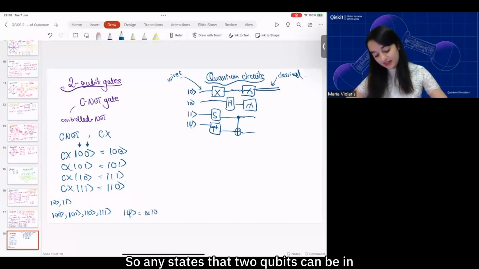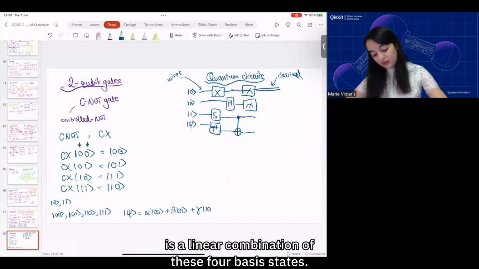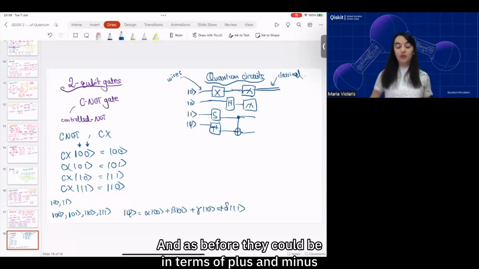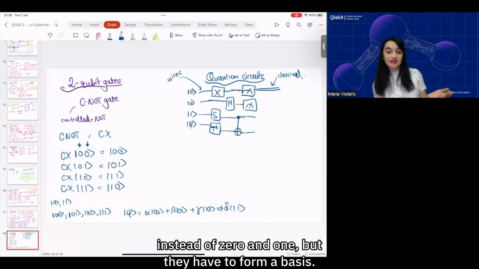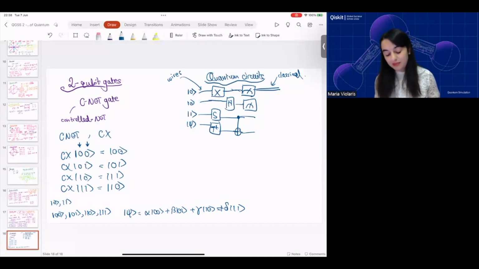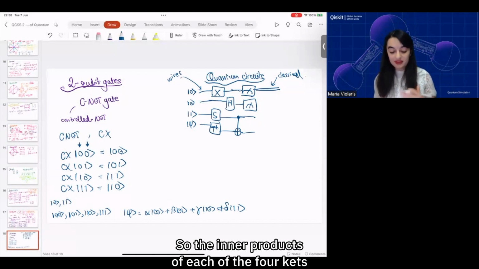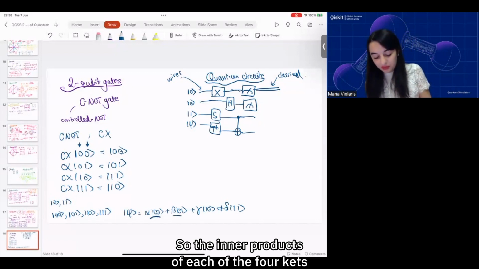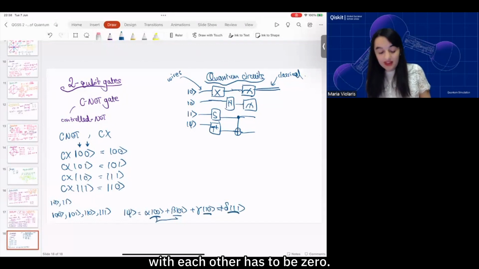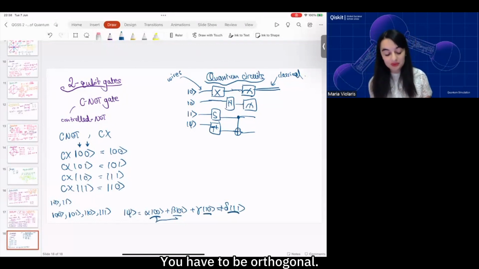So any state that 2 qubits can be in is a linear combination of these 4 basis states. And as before, they could be in terms of plus and minus instead of 0 and 1, but they have to form a basis. So the inner products of each of the 4 kets with each other has to be 0. They have to be orthogonal.